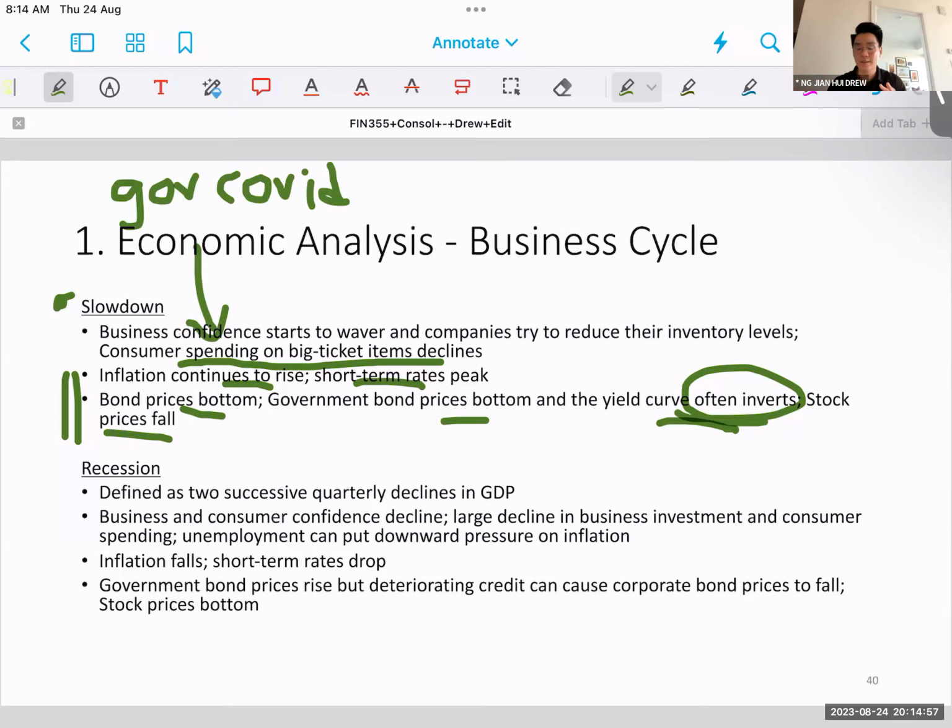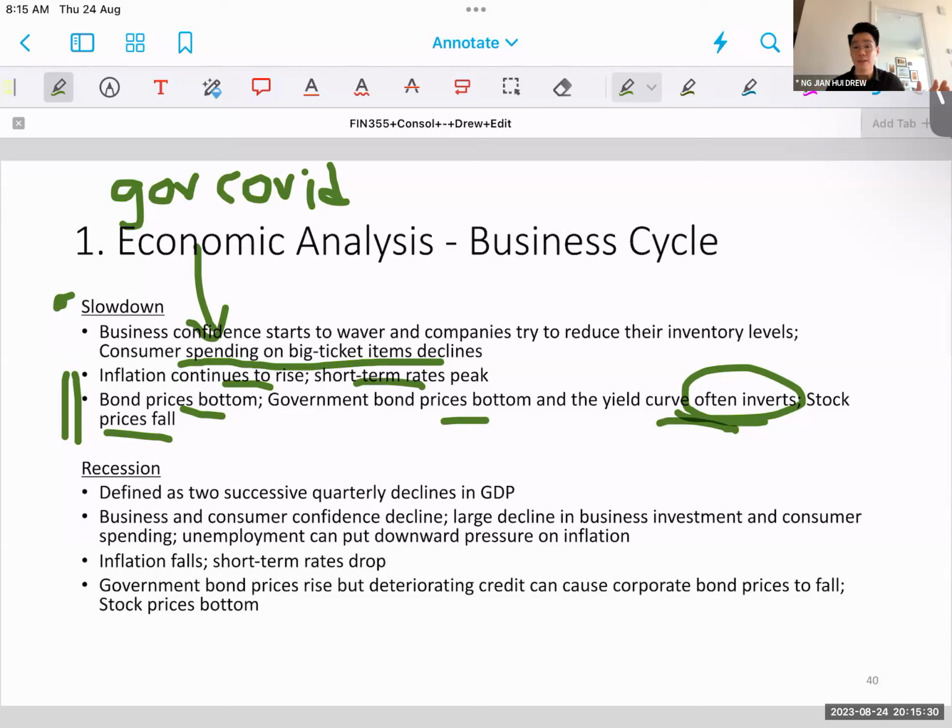Because when we have the COVID stimulus, people have more money, of course they can't travel because of COVID, and therefore they have more savings, and because of that, spending still is quite high for big ticket items, maybe not for travel, but for luxury goods and all. And therefore, this might delay the slowdown. That's why I would say we are experiencing a very delayed slowdown reaction in the market, right?